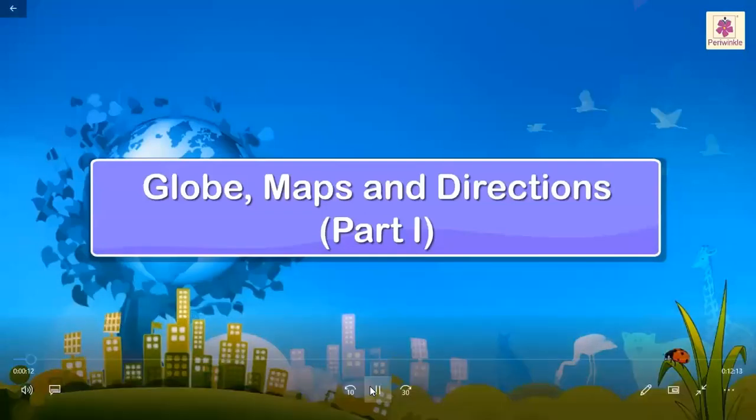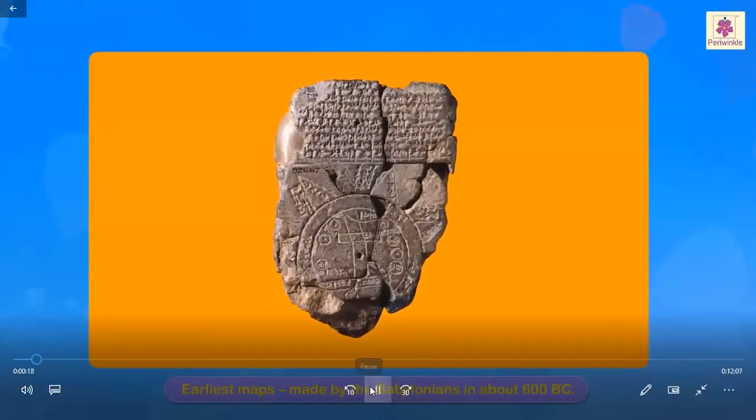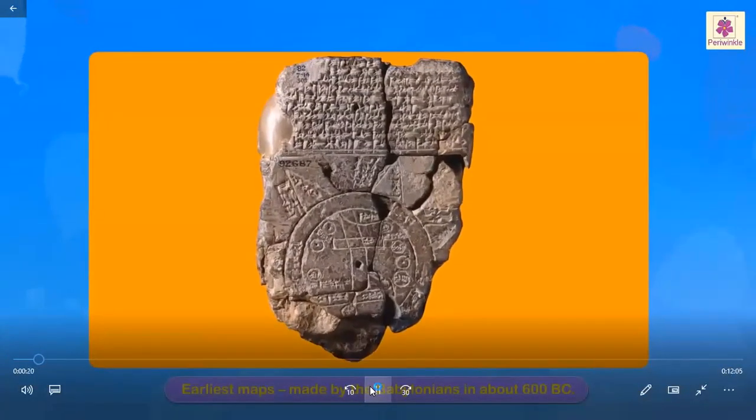Maps and directions. The earliest maps were made by the Babylonians in about 600 BC.